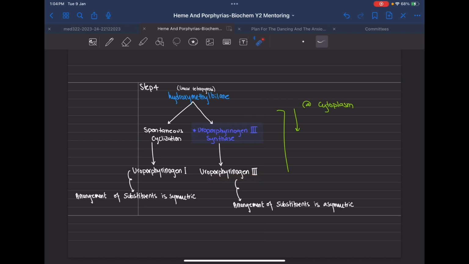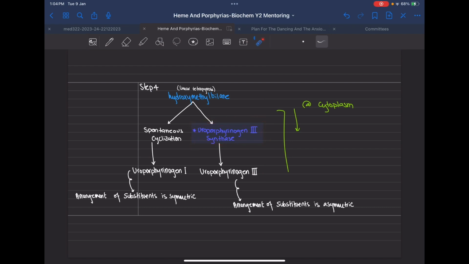And this is actually what we need to happen if we want to get to heme. If it were to undergo spontaneous cyclization, it would result in the production of uroporphyrinogen 1. But since we're aiming for heme, we're going to be focusing on this pathway, under this enzyme, which is the uroporphyrinogen 3 synthase.